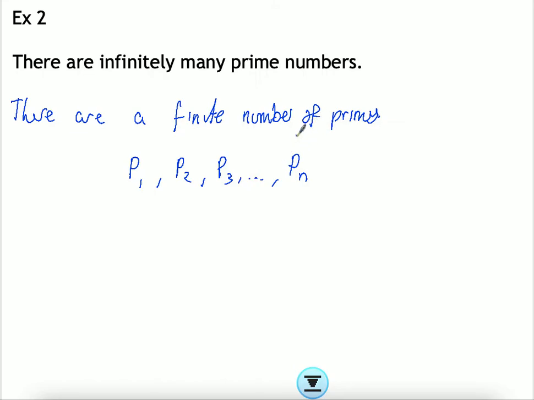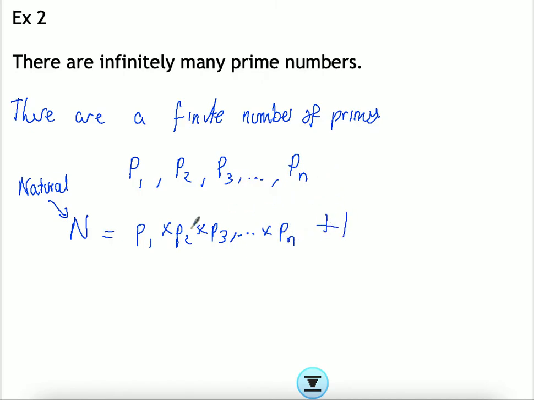Here's the trick with this one. We're going to say that this number n is a natural number, and that it is a product of all of these prime numbers, add 1. We can increase a natural number just by adding 1, right? So here's the really clever bit.